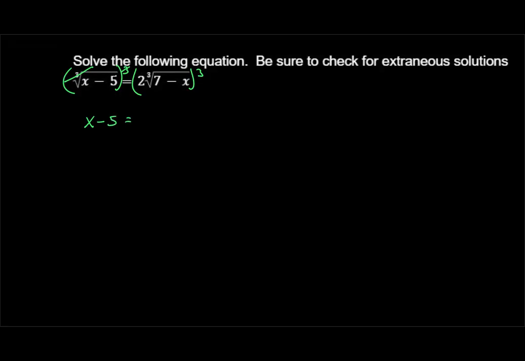And then on the right side, because there is the 2 connected by multiplication on the outside, I will separate it into 2 to the third times the cube root of 7 minus x to the third, applying exponent properties, specifically the power of a product. 2 to the third is 8, and when you raise the cube root to the third power, they'll cancel out, leaving us with 7 minus x. Now it's very important that we remember parentheses because there are 2 terms with this expression.